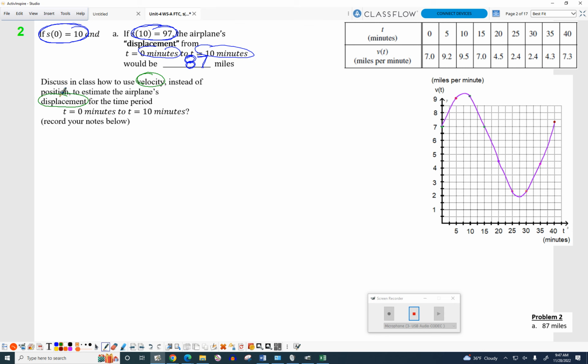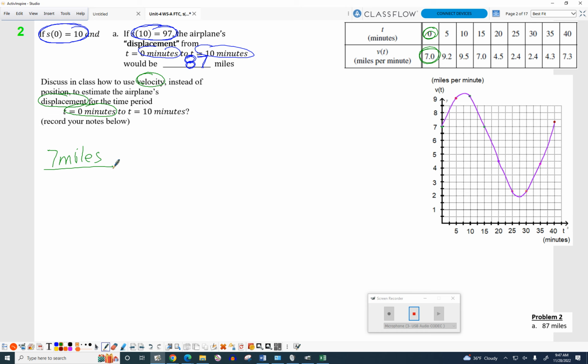And it's actually a really simple computation. You simply say, well, at time 0, according to this chart, the plane has a velocity of 7 miles per minute. So that means every time 1 minute of time elapses, the plane moves 7 miles.